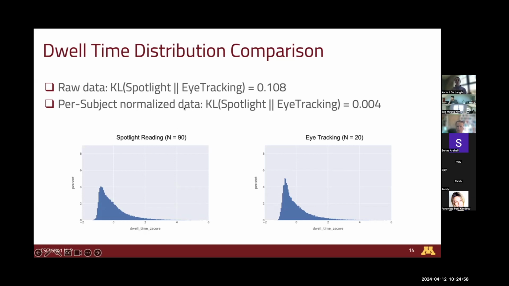And so maybe that's fundamentally changing the amount of time it takes people to read, or maybe it leads to a fundamentally different reading pattern, in which the overall distribution of dwell times, how long people spend on words on average, looks very different if the experiment is too weird. That was our concern.